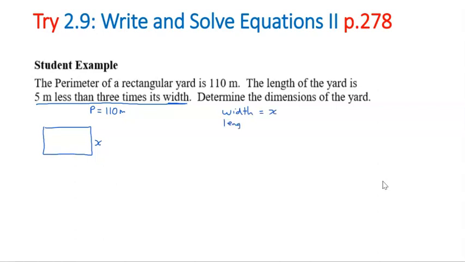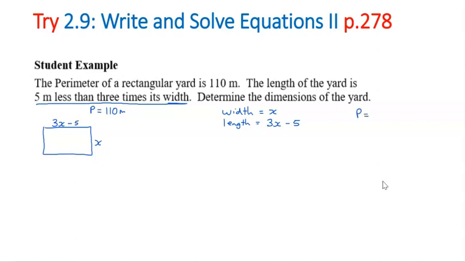And for the length, I need to read carefully. The length of the yard is 5 meters less than 3 times the width. So 3 times the width is 3x, and we're going to take away 5 from that, 5 meters less. So the length here is 3x minus 5.